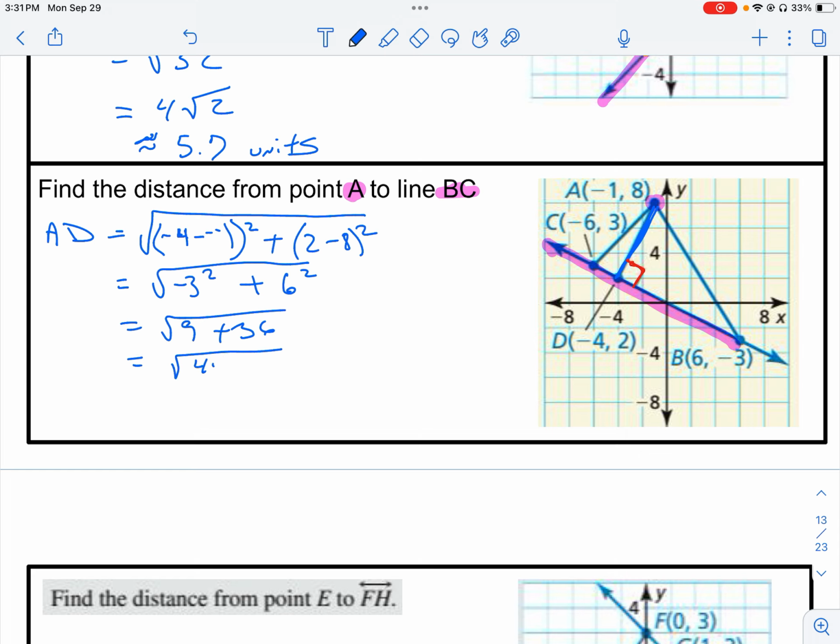So that's a radical 45. So we can reduce this down to 3 radical 5, or we can put it in the calculator and get about 6.7 units.